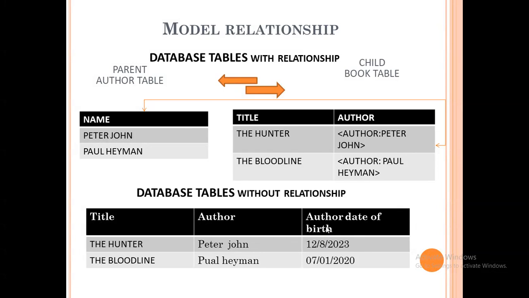So let's say in this author and book table, when we are adding a book to the book table, we don't need to start typing the author name and author date of birth over and over again. We can just link the author table, which is right here, to the book table, which is right here.